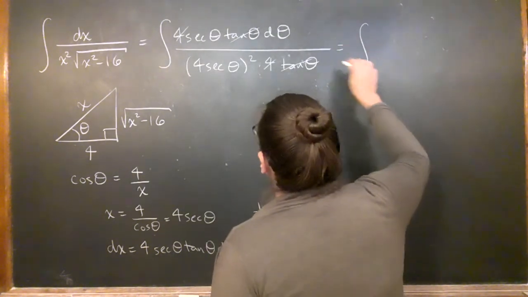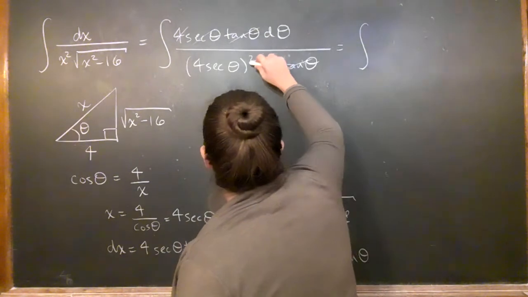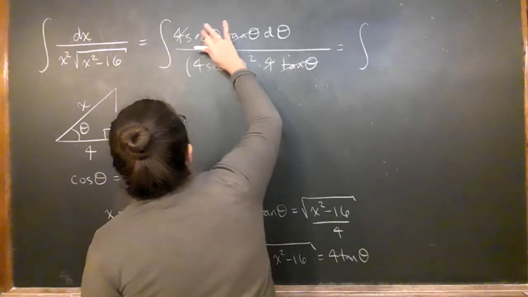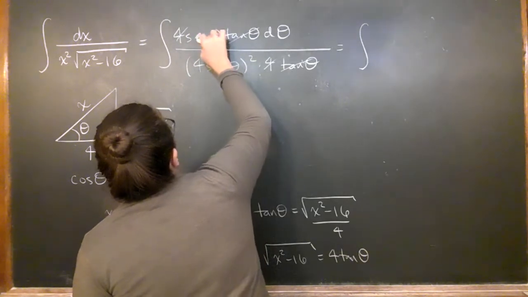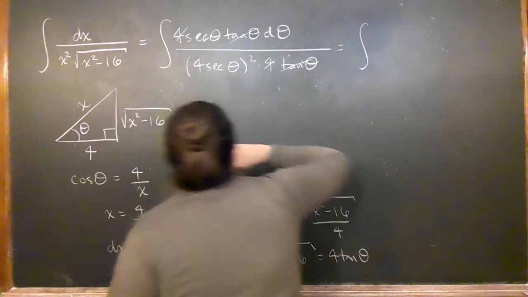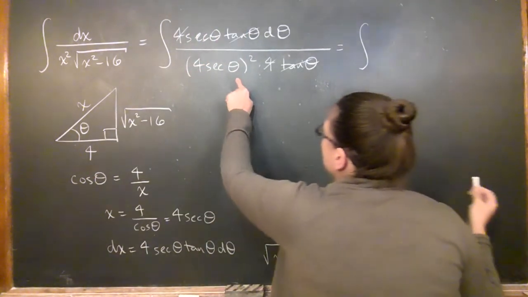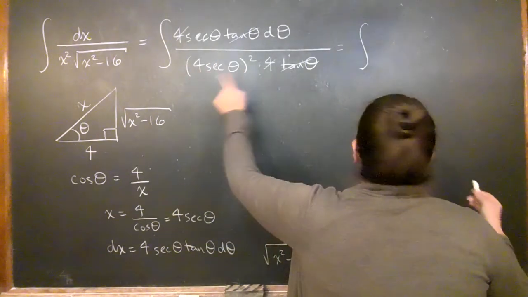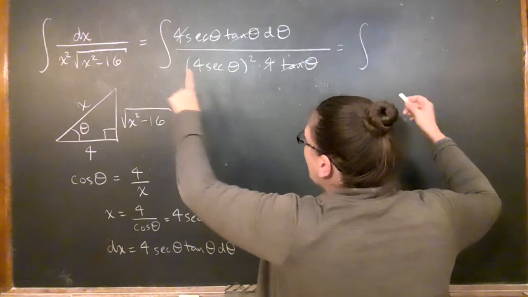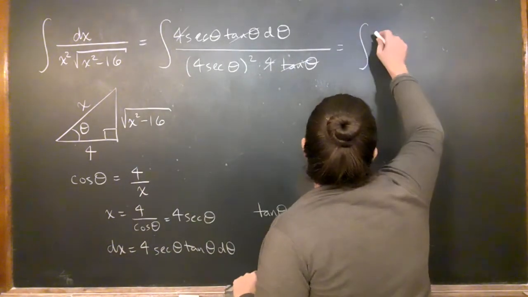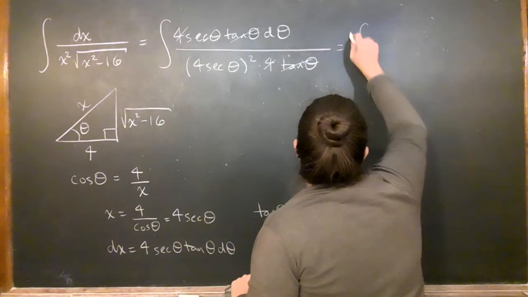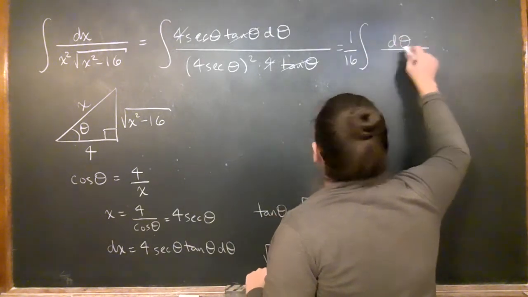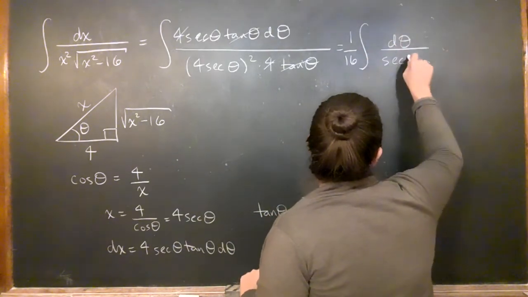So I've got this secant theta cancels with one of these secant thetas, right? So I want to be careful about this. The secant theta cancels with one of these, but in any case, there's still an extra 2 4s down here. So I end up with 1/16 and then d theta and 1 secant theta in the bottom.